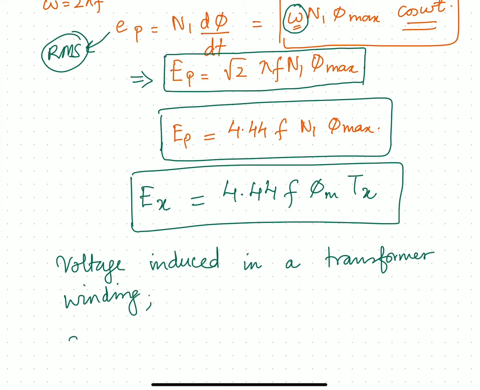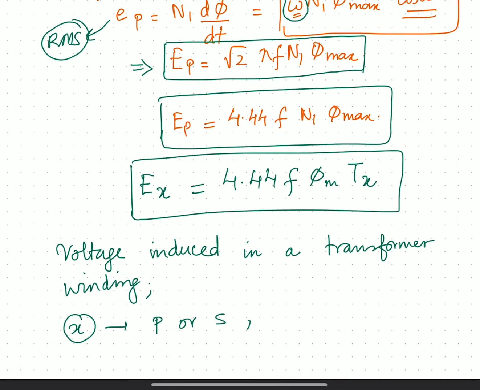The subscript X can be either P or S, referring to primary or secondary, right? And Tx is the number of turns, Tp is the number of turns in the primary, and Ts is the number of turns in the secondary, and other terms have their usual meanings.